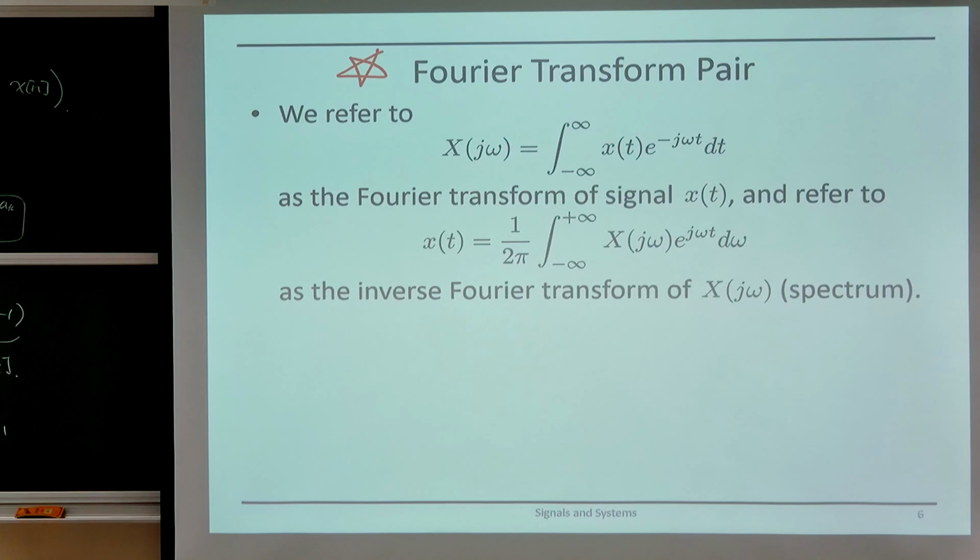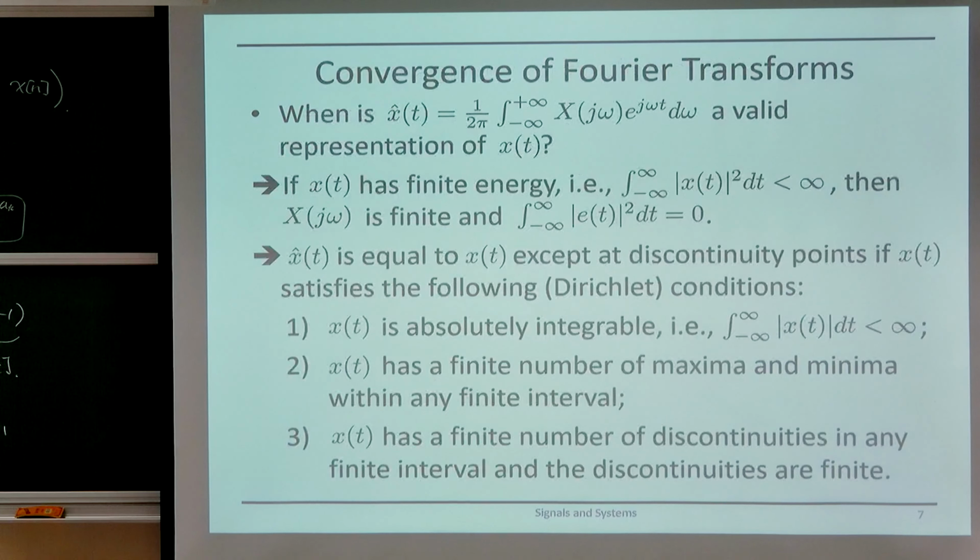All right. Now, for continuous time signals, a natural thing to ask is when does this expression hold? The existence of this expression mostly follows from the conditions for the Fourier series representation in the periodic case. I don't want to go into details of this, but you can see the similarities here.